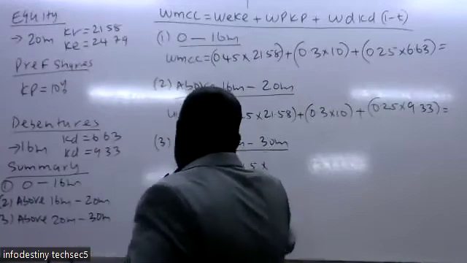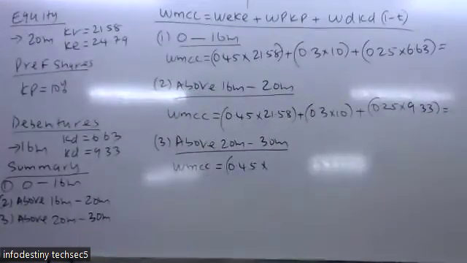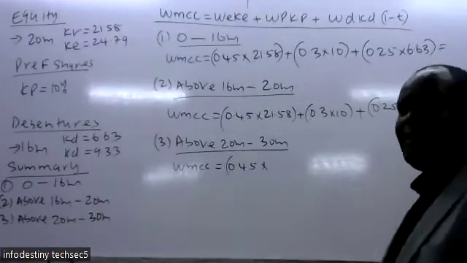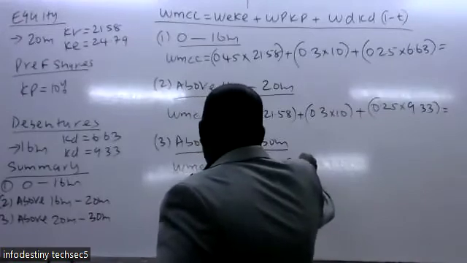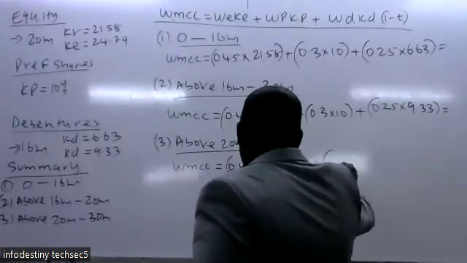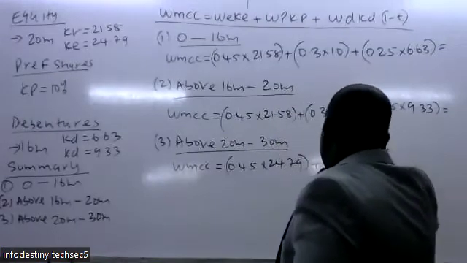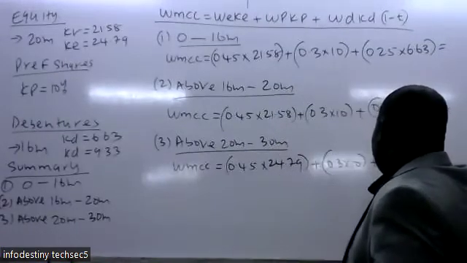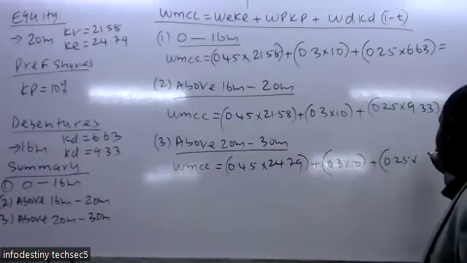So under equity, now we are above 20 million. So when you are above 20 million, you change to what? Equity, we now use 24 point, yeah, so we now apply 24.79. So this other one has not changed. Then anything to do with above 16 million, we had already changed to 9.33.